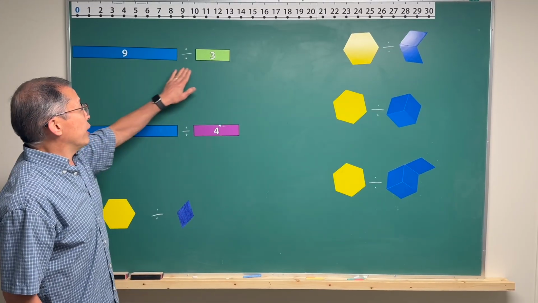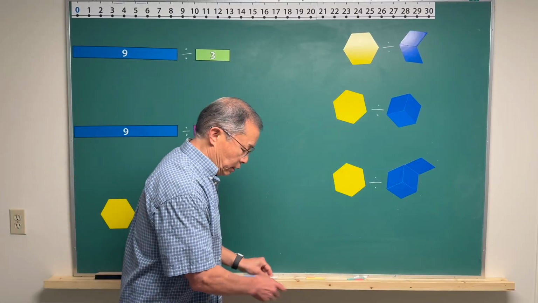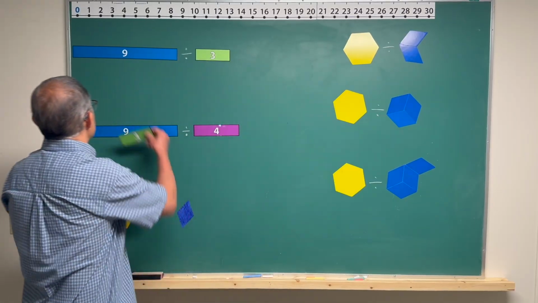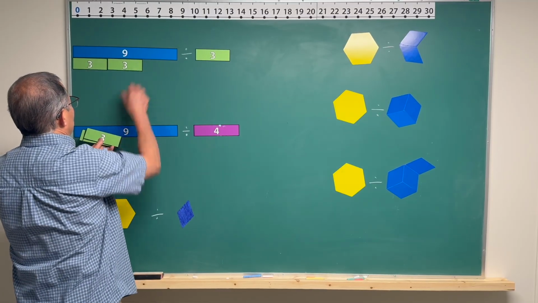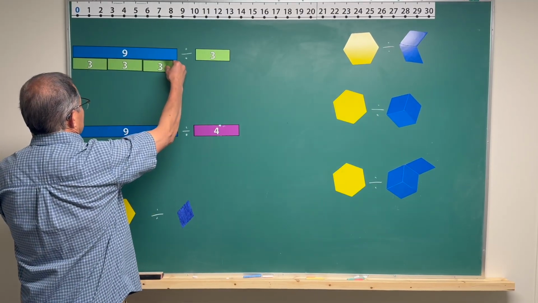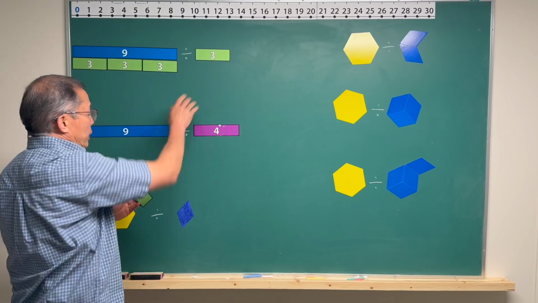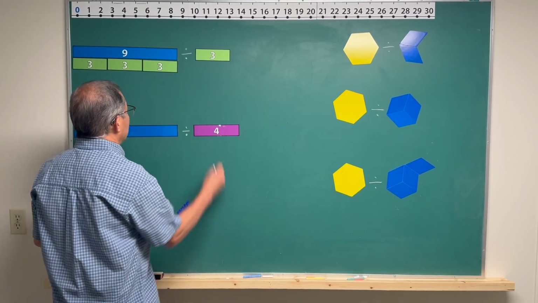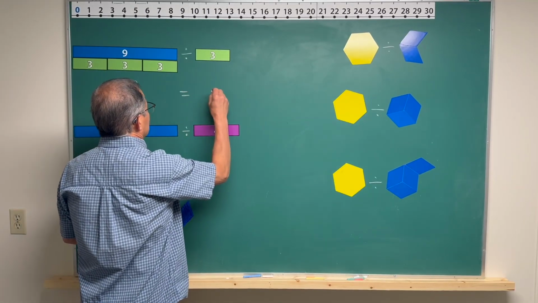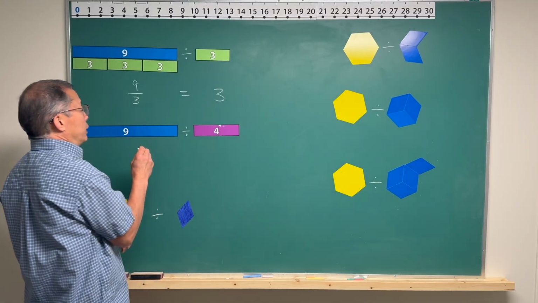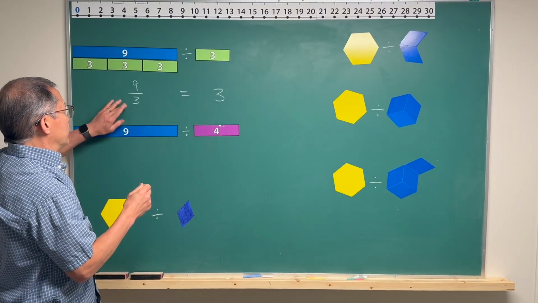So 9 divided by 3, they already know the answer is 3 because we can remove the 3 three times from the 9. So 9 divided by 3 equals 3.